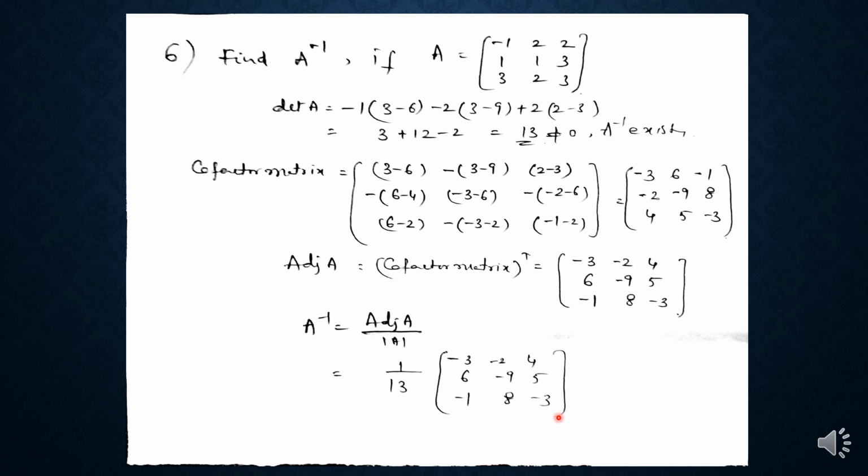If A is equal to [a, b; c, d], which is a 2 by 2 matrix, then A inverse is equal to 1 by (ad minus bc) into the matrix whose first row is d, minus b and second row is minus c, a. So that is the inverse of a 2 by 2 matrix.